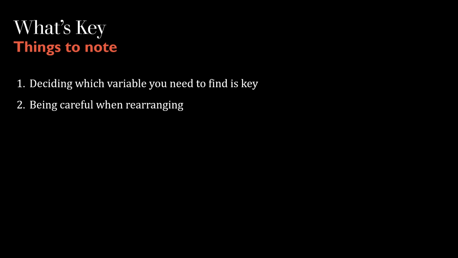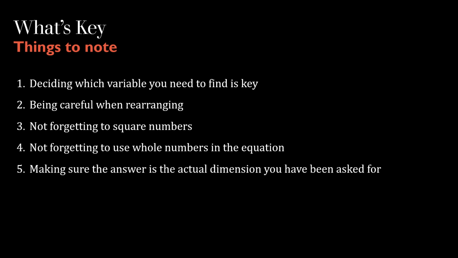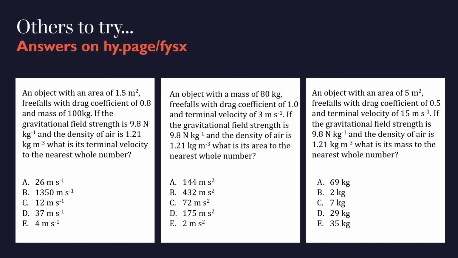Things like the squaring of velocity can often get lost, or the way you cross multiply may be incorrect, so be careful there. Don't forget to use that square number and to use whole numbers in the equation. And make sure that the answer is the actual dimension you've been asked for.